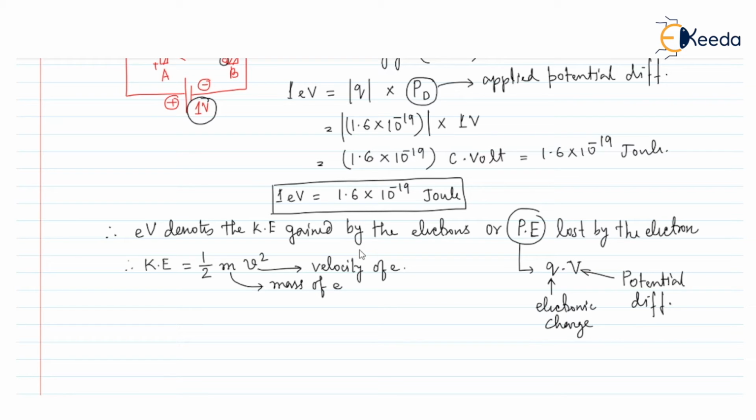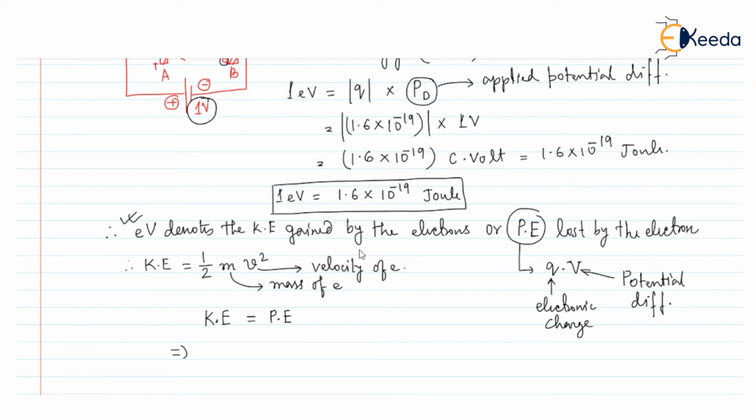Now, from the definition, we can see that electron volt denotes the kinetic energy gained by an electron or the potential energy lost by the electron. So from this definition, we can write that the kinetic energy that will be gained by an electron will be equal to the potential energy that will be lost by an electron.